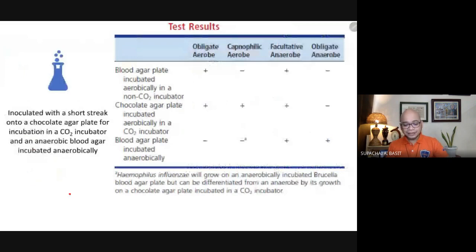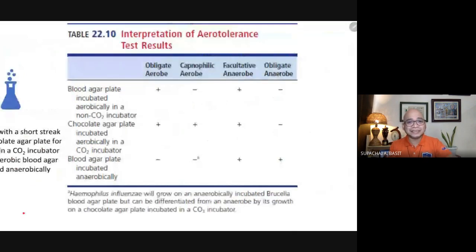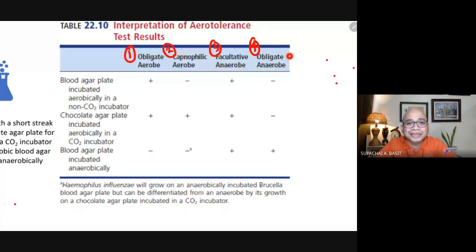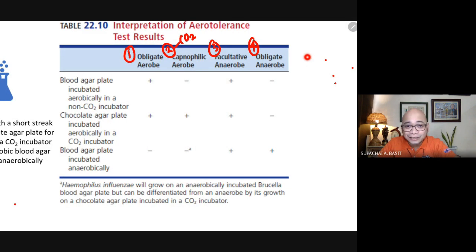Here we can have various categories of aerotolerance test results. Based on the results, we can classify them into four: obligate aerobe, capnophilic aerobe, facultative anaerobe, and obligate anaerobe. When you say capnophilic aerobe, it means this particular group of bacteria is carbon dioxide loving.